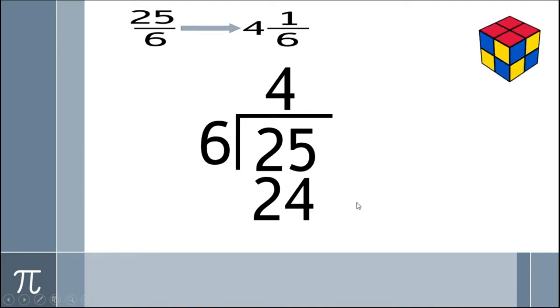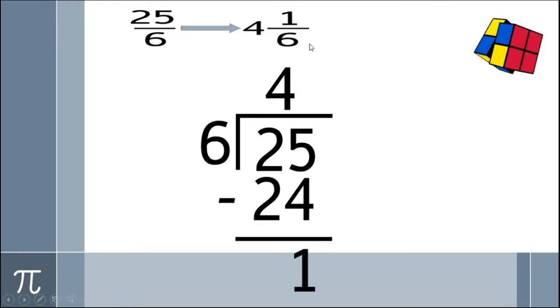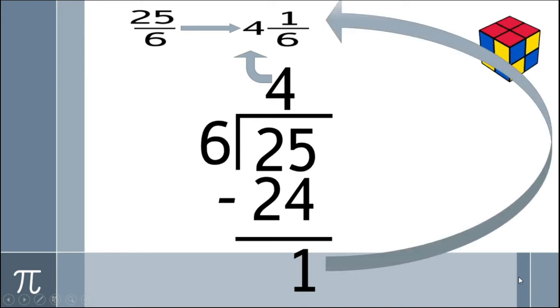Subtract 24 from 25. So, 25 minus 24 is equal to 1. Yung quotient, 4, yun ang magiging whole number. Yung 1 na remainder, yun ang magiging numerator. Then, copy the denominator. Kaya yung 25/6 naging 4 and 1/6. Yung improper fraction naging mixed number.